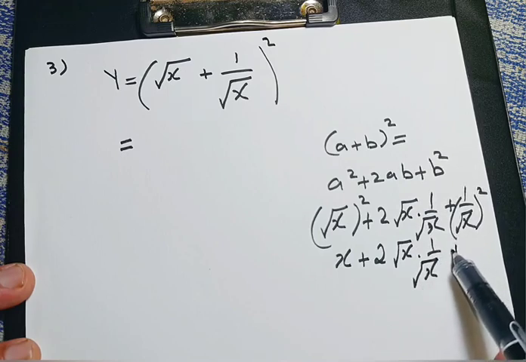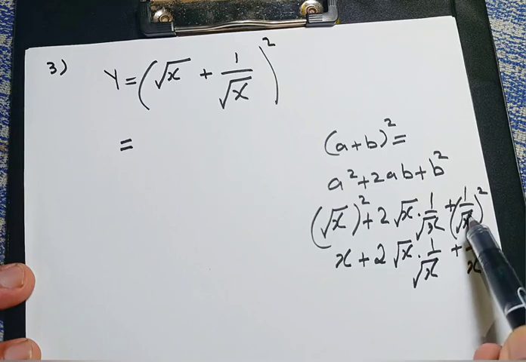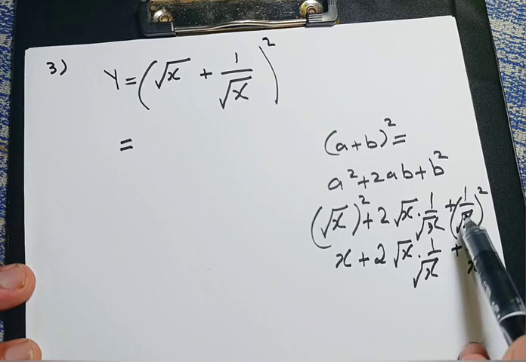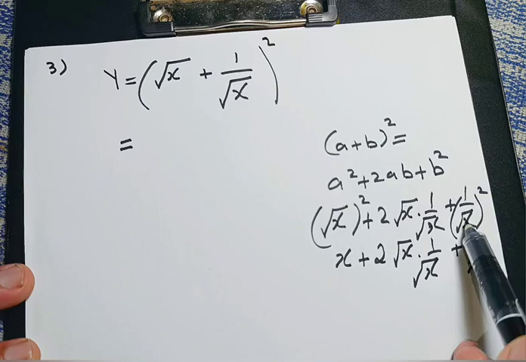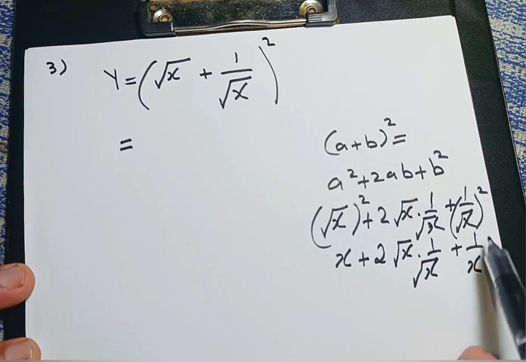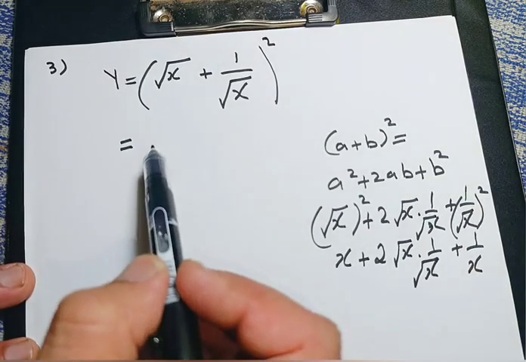And then this becomes 1 over x, because 1 squared is going to be 1, and x root squared, the square and square root both cancel, only 1 over x is left. So that happened here now.